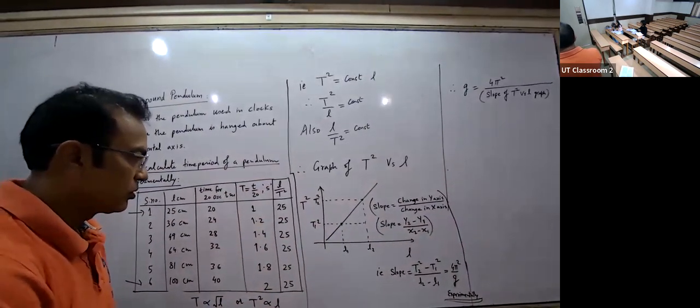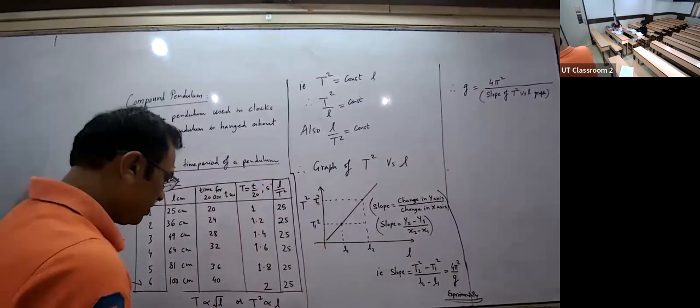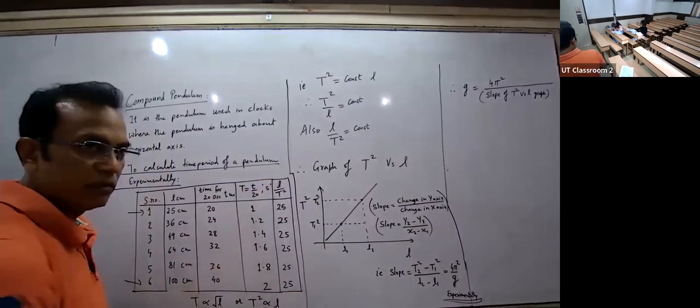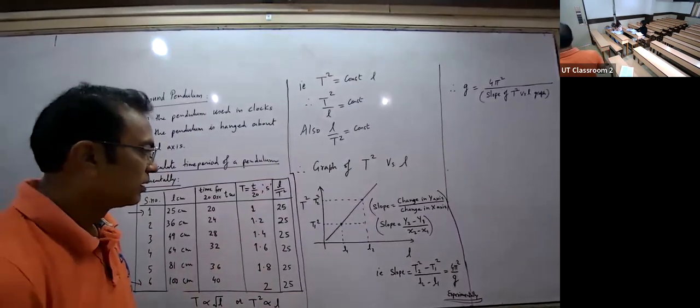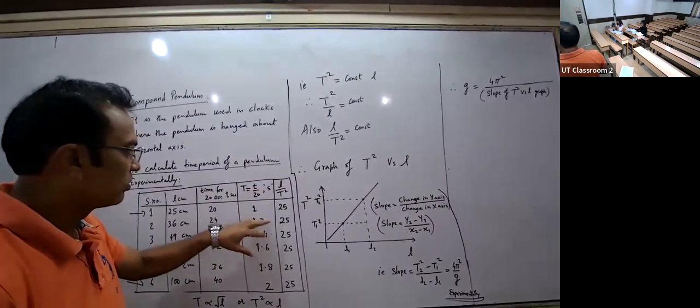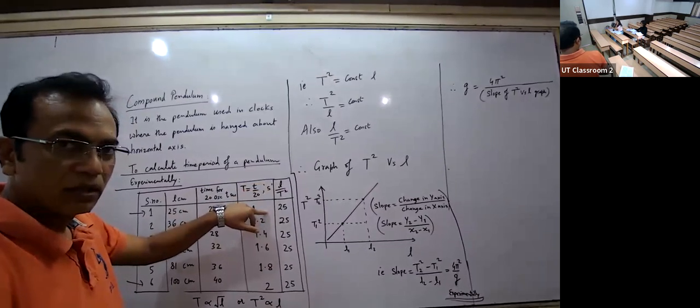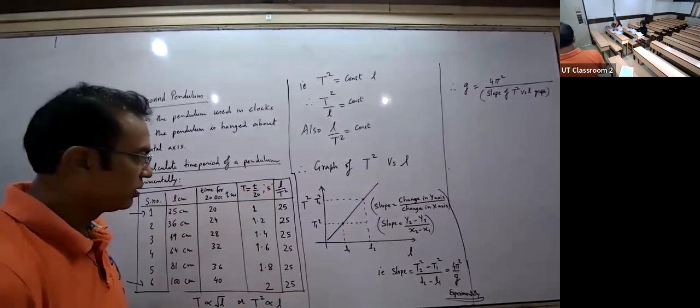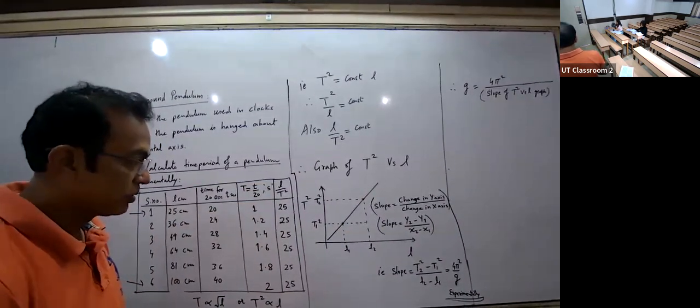Right? But when we check it, what is 4 pi square by g? It should be roughly 25. It should be g by 4 pi square because this is L by t square, right? So what is 1 by 25? 0.4.